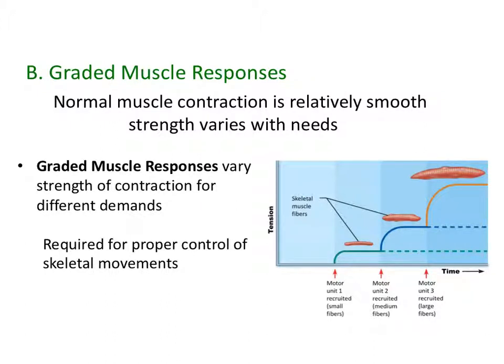We need to be able to use the same muscle groups to generate a very small amount of force when we have fine motion, such as picking up something very delicate, like maybe a newborn baby or a piece of delicate glasswork. And then the same muscle groups need to be able to generate the maximum amount of force that they can if you're lifting a very heavy object. So we need to understand how the same muscle group is able to do that.